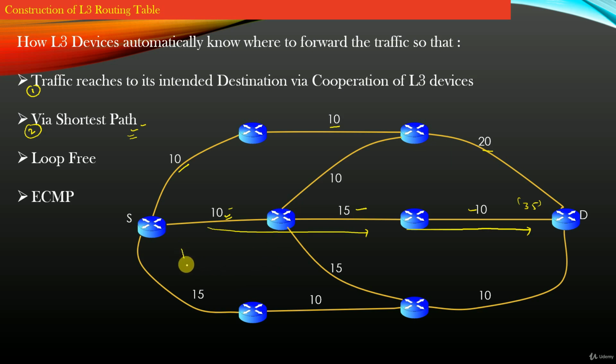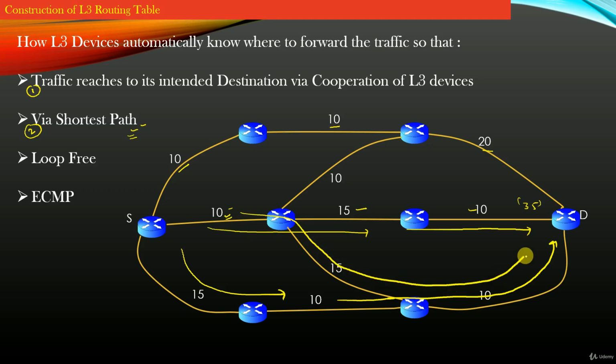Similarly, another shortest path must be this one, right? Because its cost is also 35. Another shortest path is this one, because its cost is also 35.